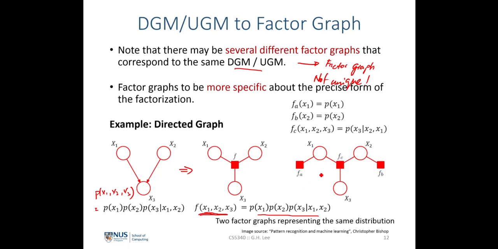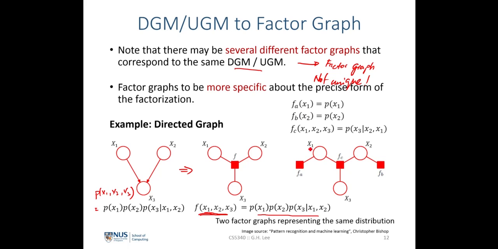There is also another way to represent this directed graph as a factor graph, given by this diagram. In this case, we can explicitly denote that there is a factor over the random variable x1, as well as a unary factor over the random variable x2. Similar to the previous example, we can also denote a factor over all three random variables x1, x2, and x3.